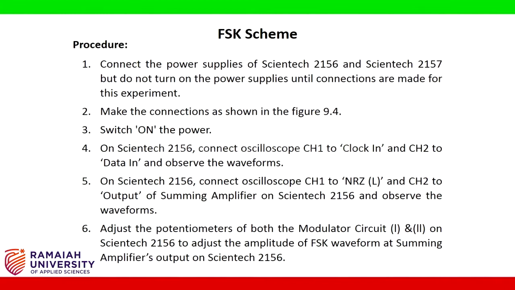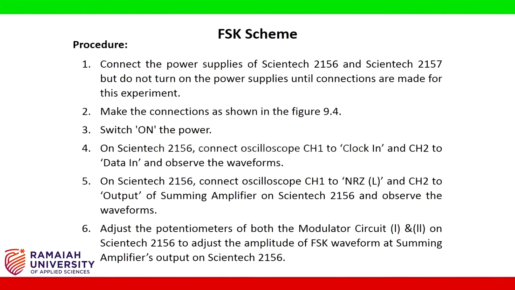Switch on the power. On Syntec 2156, connect oscilloscope channel 1 to clock in and channel 2 to data in and observe the waveforms. On Syntec 2156, connect oscilloscope channel 1 to NRZ and channel 2 to output of summing amplifier and observe the waveforms.